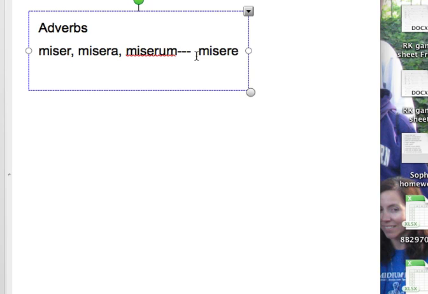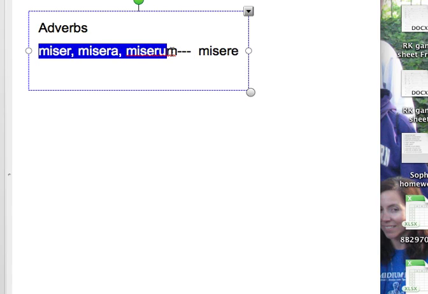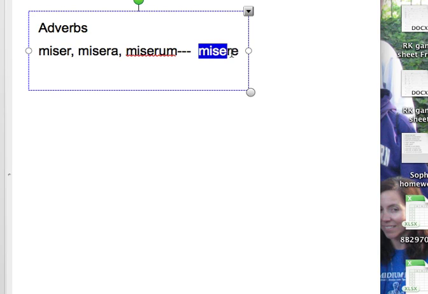Letter E, misere. So if the adjective miser, misera, miserum means miserable or sad or wretched, the adverb form misere means miserably, sadly, or wretchedly. You'll see all we did was add an E. I'm being a little careless with long marks today. That's technically a long E, but again, it won't make any difference for us.